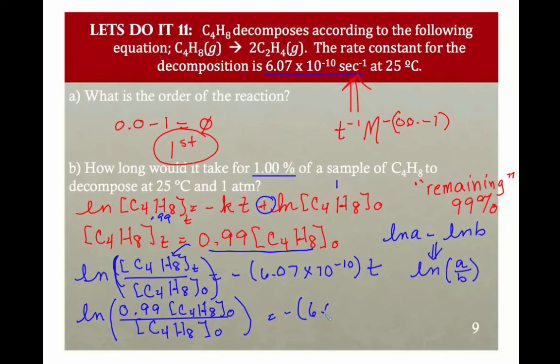So that's equal to my minus 6.07 times 10 to the minus 10th t. And now what's nice is I don't have to make any assumptions about those. They cancel. And if I do that algebra and solve for that problem, I'm going to get time is equal to 1.66 times 10 to the 7th seconds.